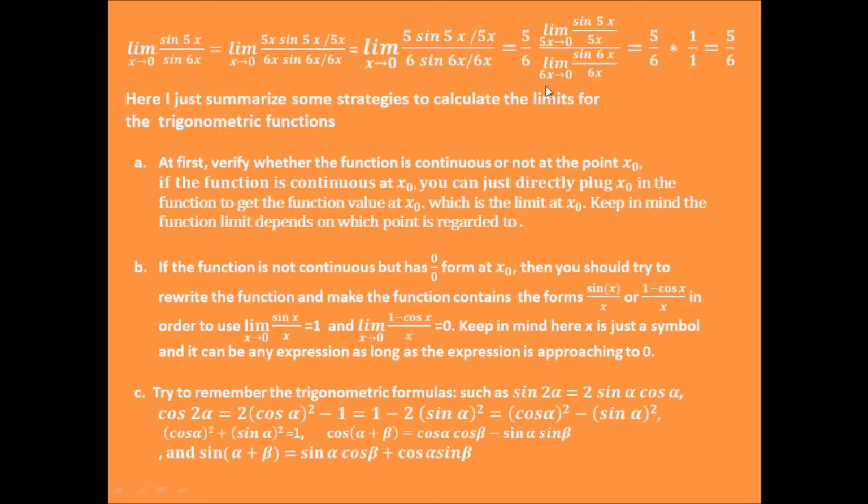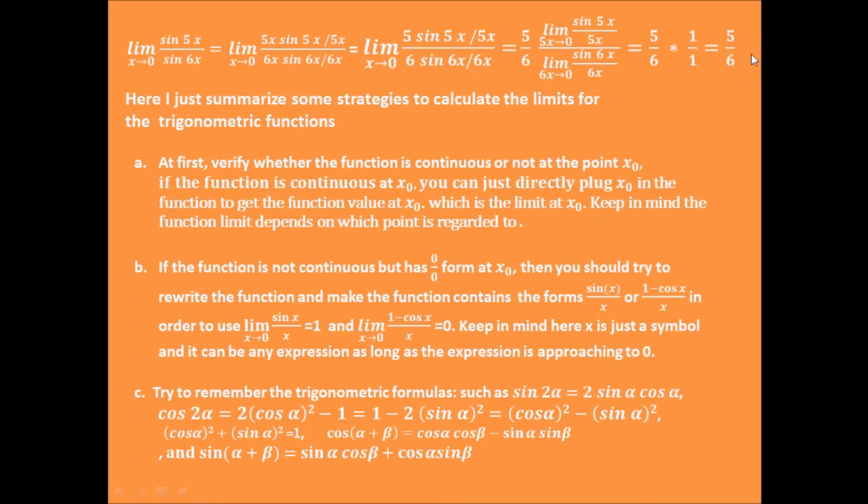Similarly, in the denominator, we put 6x approaches 0. Then we can use the basic formula to get the limit for the numerator and the denominator. They both have limit 1. So the function sin 5x divided by sin 6x with x approaches 0 has limit 5 divided by 6.